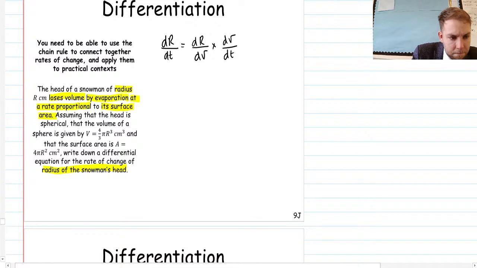Loses volume. So what we're saying here is it loses volume at a rate which is proportional. dV by dt is proportional to its surface area, which we're going to call A. So then this gives us dV by dt is equal to minus KA.